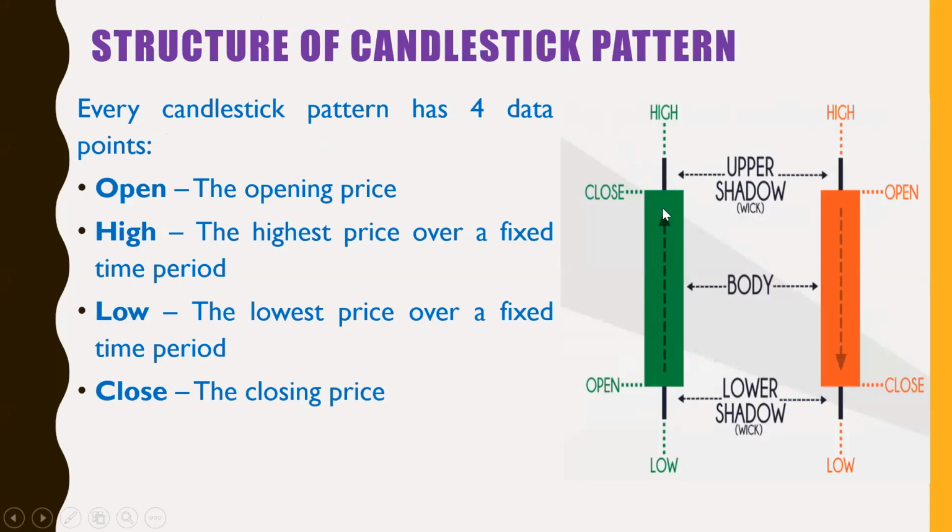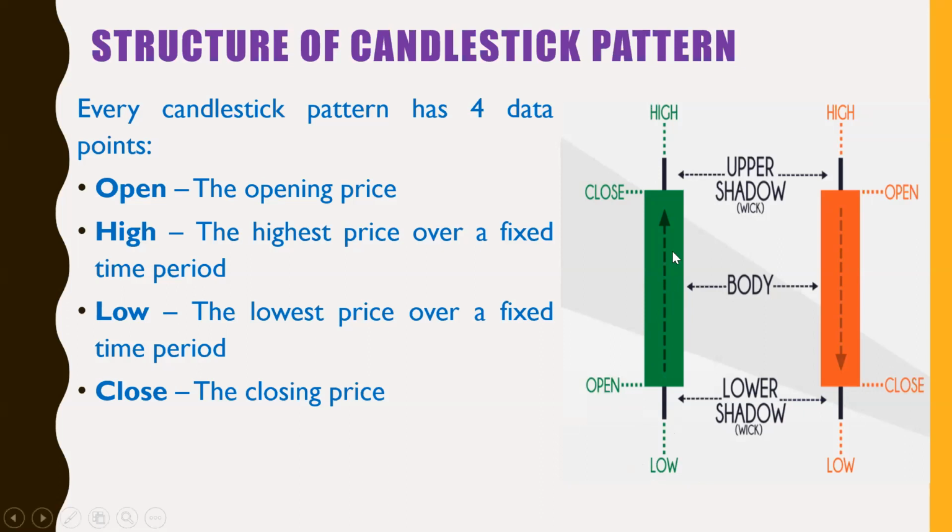At the end of the session, and here I can refer to different time frames, it may be based on 1 day, 1 hour, 1 week, or 1 month. For example, on the day it opens at 100 and closes at 105. In between, it may move up to 110, and on the lower side it may move to 96 or so. So this is the bullish candle.